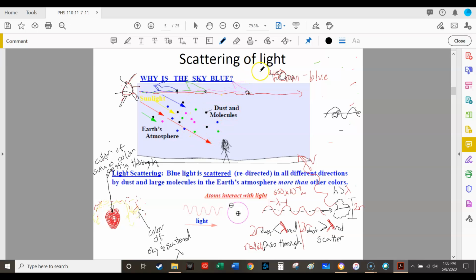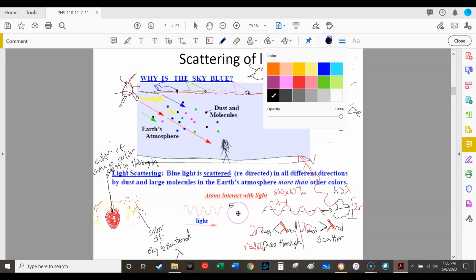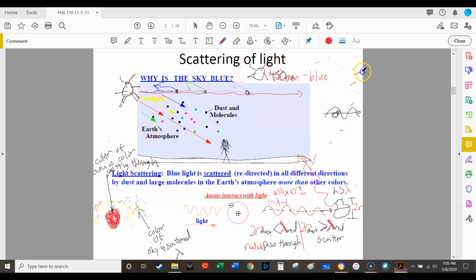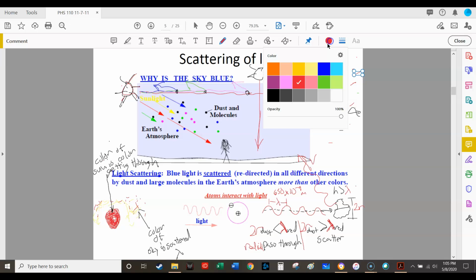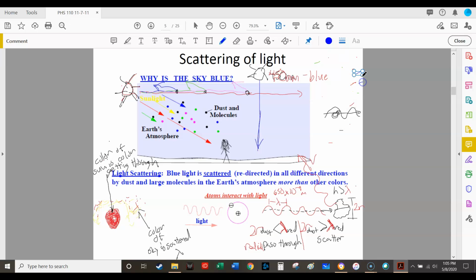But when the sun is overhead, it only has to go through a much smaller amount of atmosphere. So when you see the sun overhead, a lot of blue is probably going to make it to your eye, right? Blue went this far. I'm going to try to be consistent with my drawing.